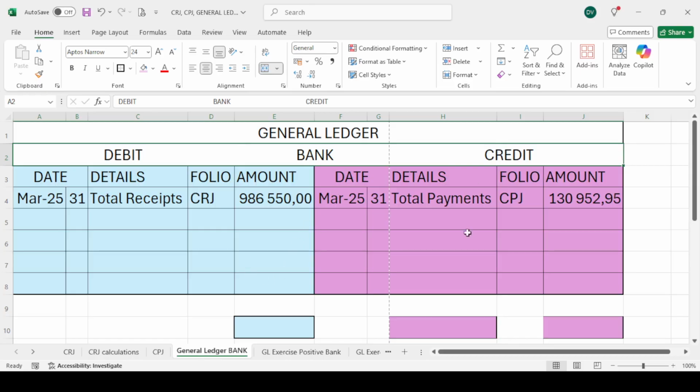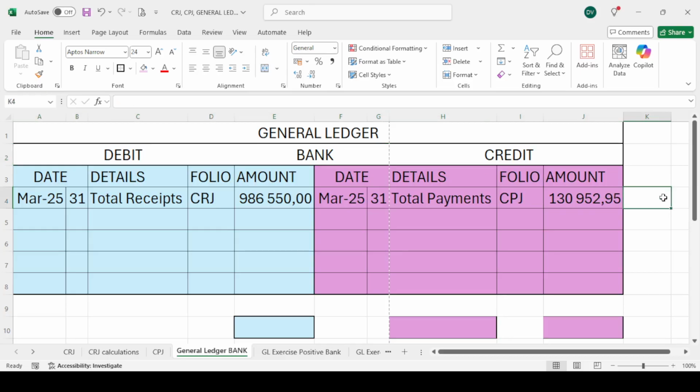So somewhere we need to end up with a balance. In order for you to show that, you have some calculations to do. Once you've inserted your information from your two journals, the very next thing you do is you look at this general ledger at both sides and you see which value is bigger.